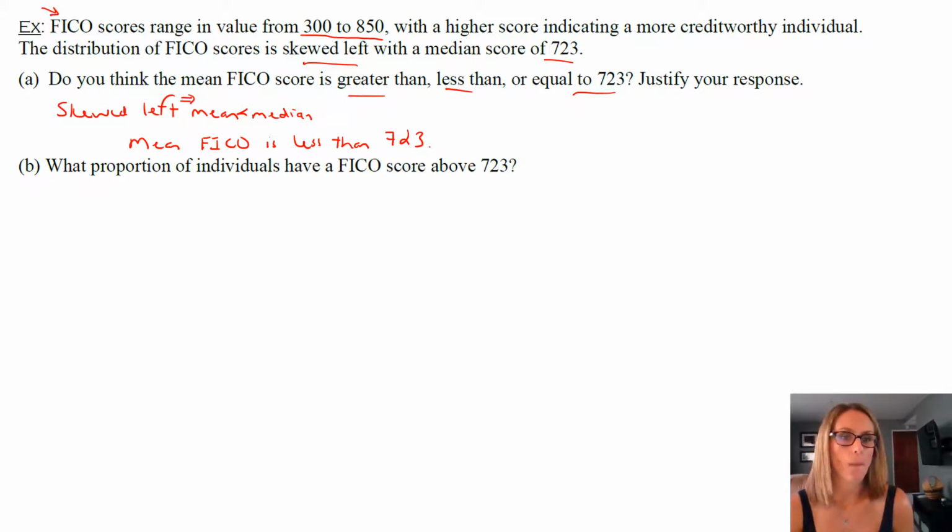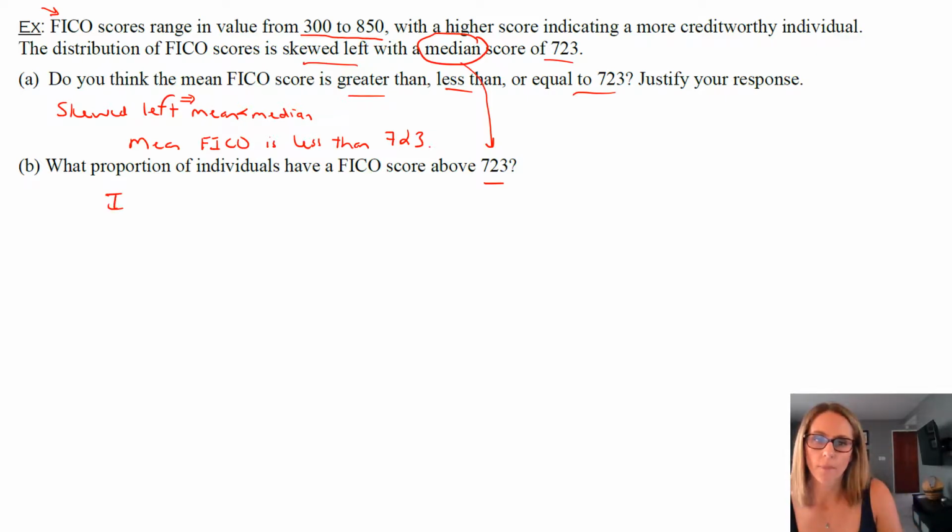And proportion of individuals who have a FICO score above 723, you might say, how would I know that? But the key thing here is the median. The median is literally in the middle. So because the median is in the middle, you have half the scores below and half the scores above. That's just always true. That's what the median is. Half the scores will be below, half the scores will be above.